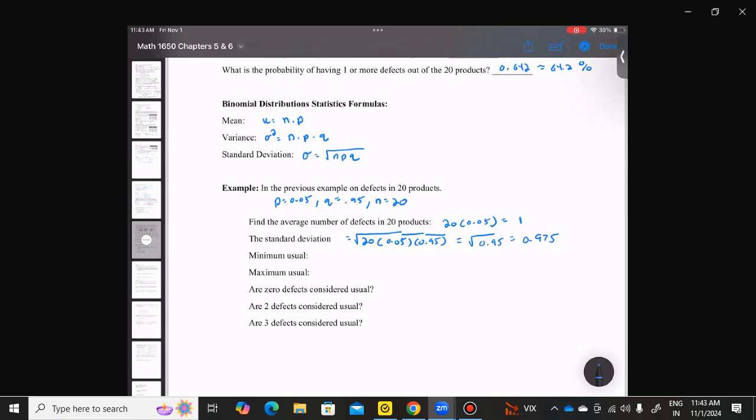And then with this, we'll also look at minimum usual, maximum usual. So minimum usual, remember these are mean plus or minus 2 times the standard deviation. So 1 minus 2 times 0.975, and 1 plus 2 times 0.975.